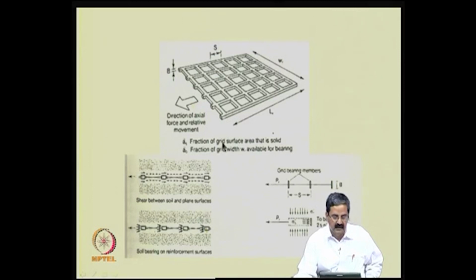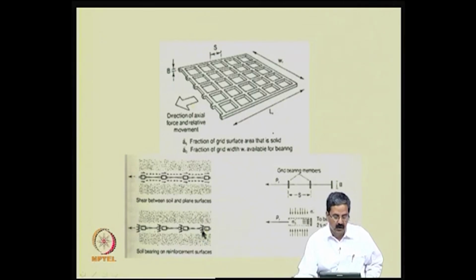There are two things here. The interaction takes place between soil and soil, like here, shear between the soil and the plane surface. Then you have bearing also, so when you pull a reinforcement like this, the resistance is along this line, and also a number of bearing elements are there.